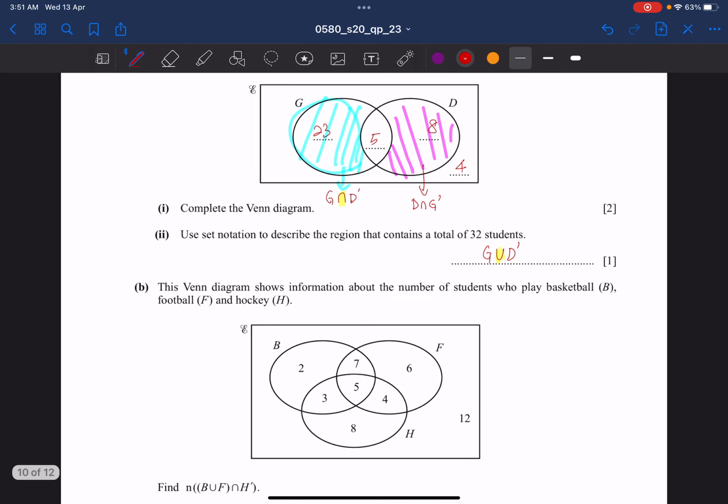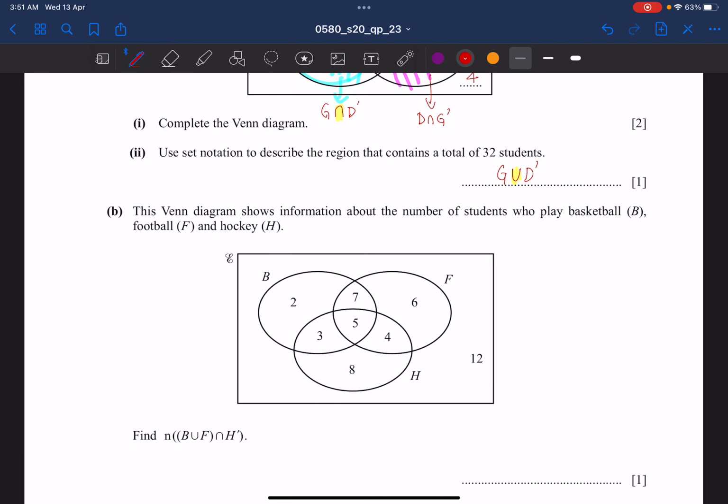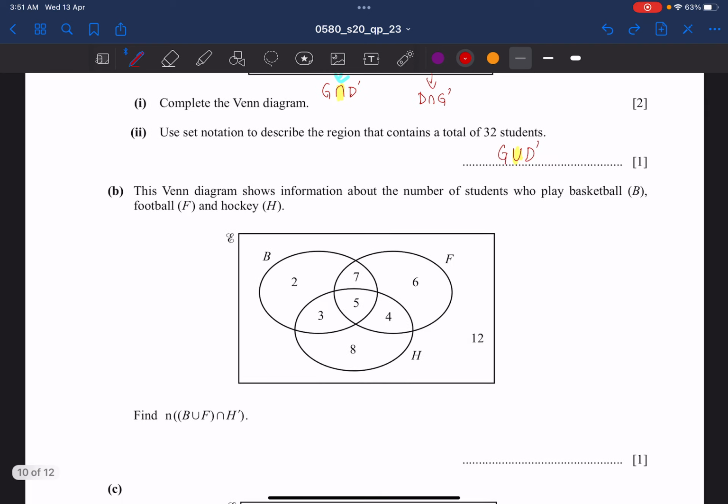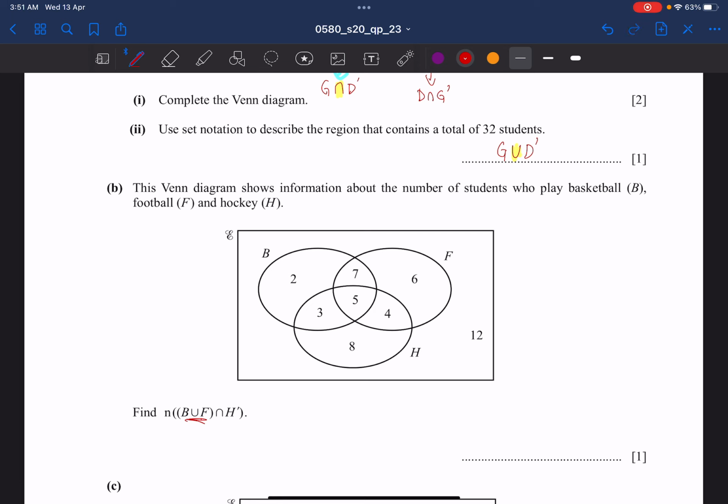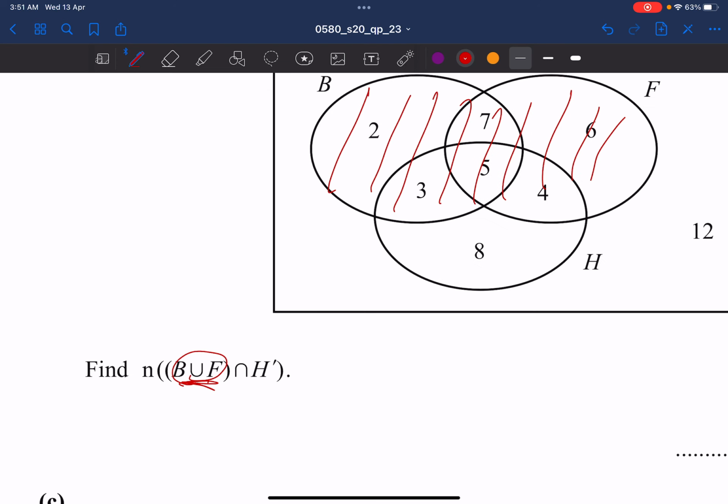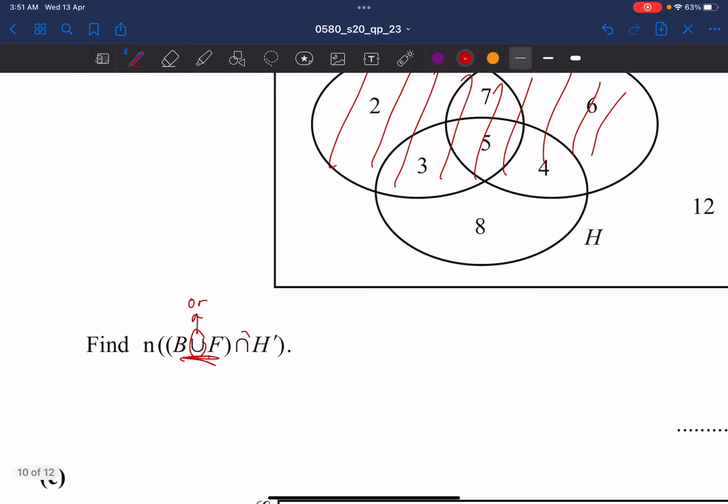So let's look at part B. This Venn diagram shows information about the number of students who play basketball, football, and hockey. So B union F means that in B or F, right? In B or F. Okay, union means or in English. Intersect at the same time, not in H, right?